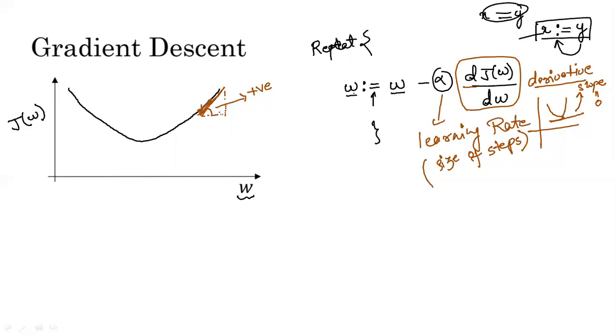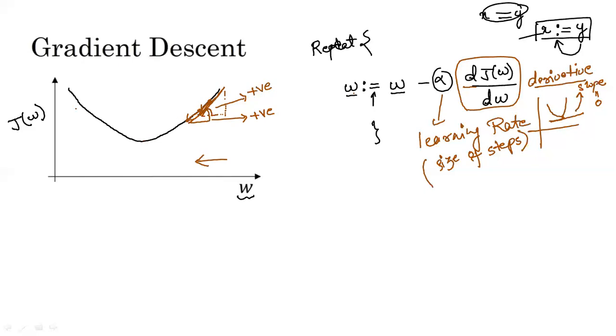Now again, if I draw a tangent at this point and take the slope, in this case also the tangent has a positive slope, and again the value of w will decrease and I will move to this point. And so on, at these points I'll gradually move to the left-hand side.